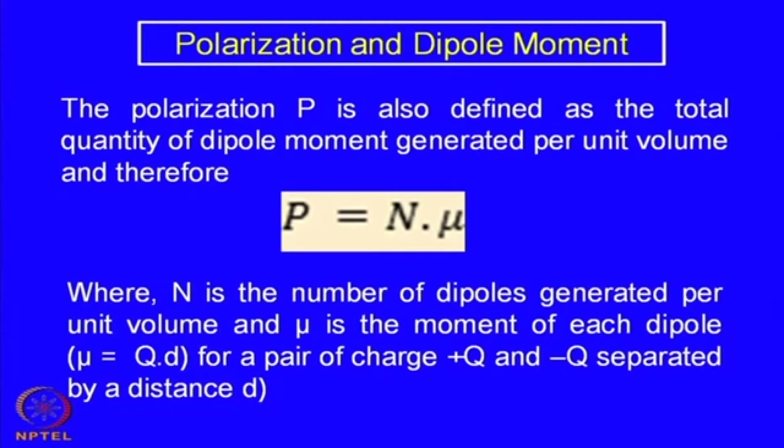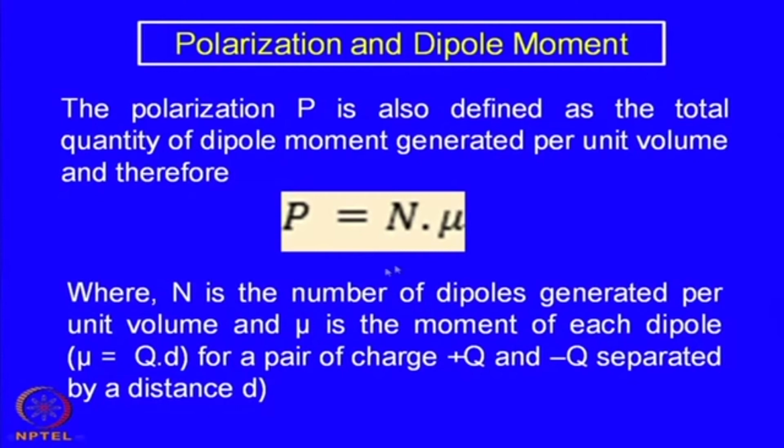Mu is also given by q into d, where q is a pair of charges, that means one is a positive charge and there is a negative charge of the same magnitude. So, plus q and minus q separated by a distance d gives you the dipole moment q into d.